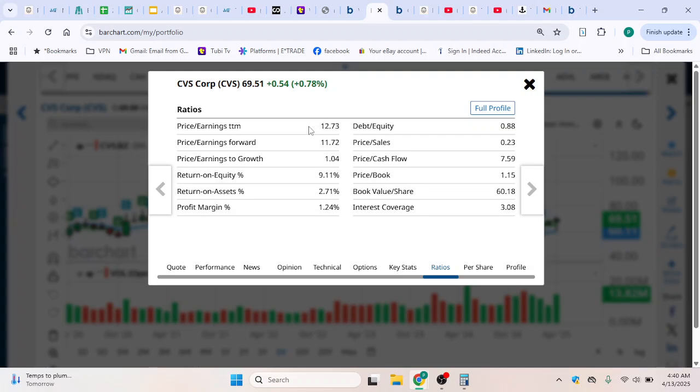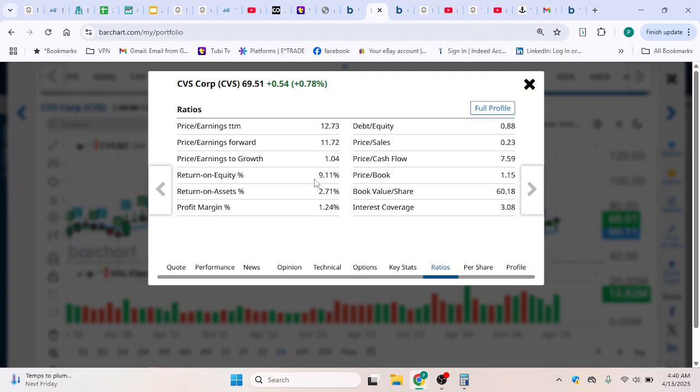So PE, right, is fairly low. 12.7 PE, that's pretty on the low end. PE forward is actually lower than that a little bit, so that tells me that maybe either earnings are increasing or price is decreasing. The PE to growth, I like that, just about 1.